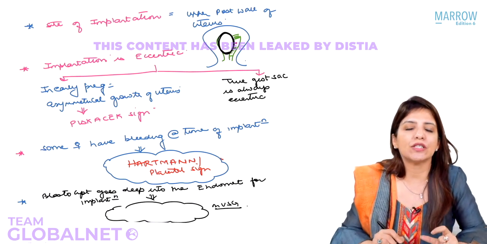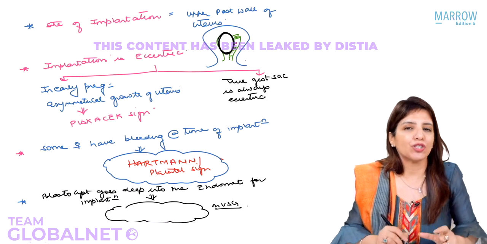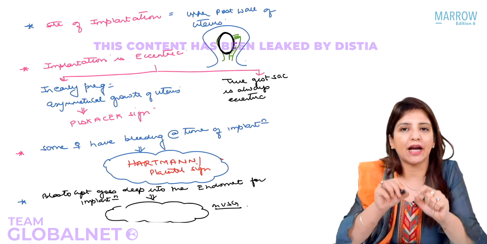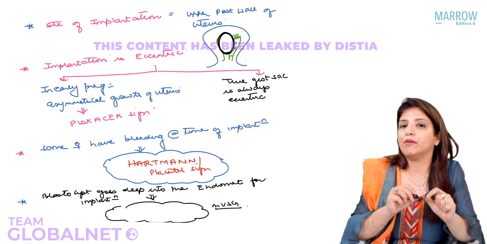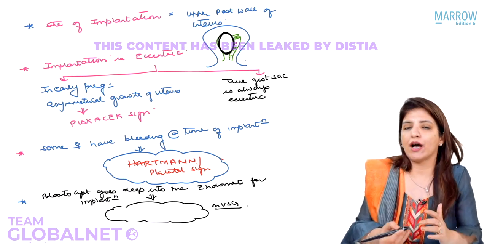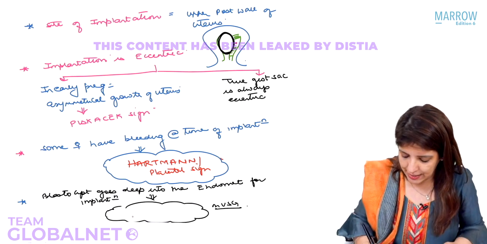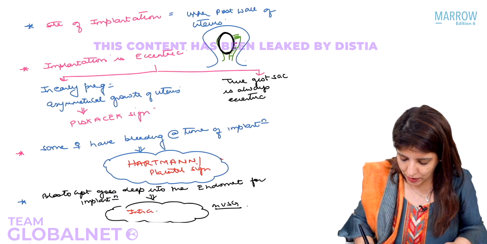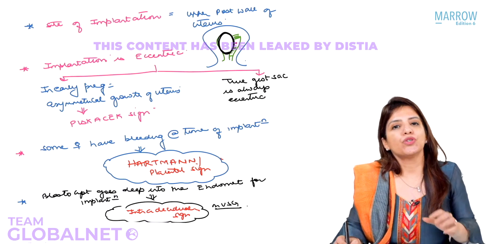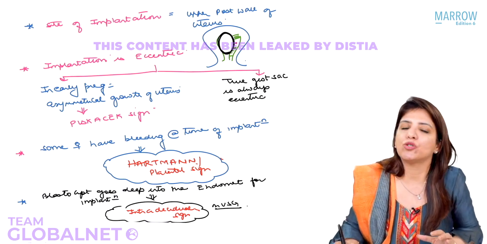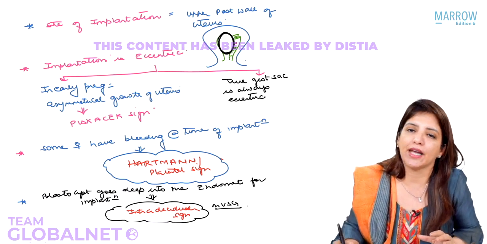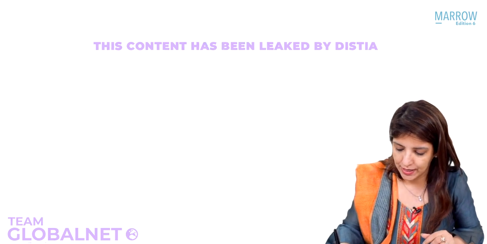The basis is that the blastocyst is going deep inside the endometrium and then implanting. So on ultrasound, it is visible as the intradecidual sign. So this is one of the earliest signs which you get on ultrasound in pregnancy, right?